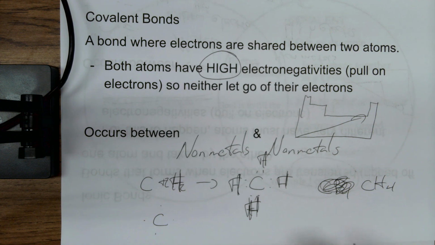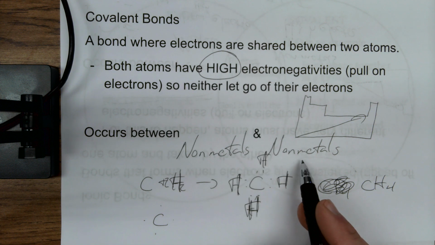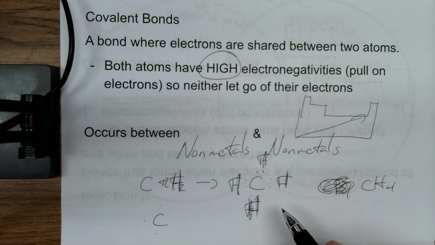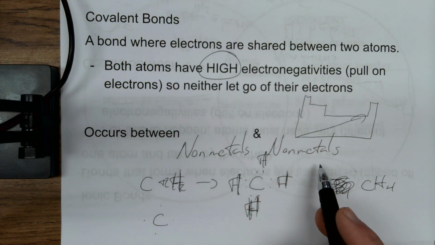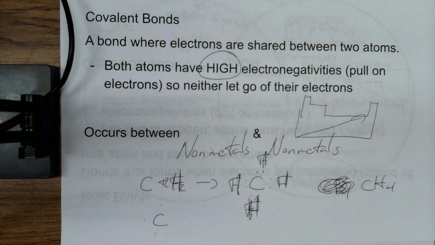Nonmetals and nonmetals. Covalent bonds only happen between two nonmetals. So one nonmetal and another nonmetal make up a covalent bond. So in my example, I made a small mistake.